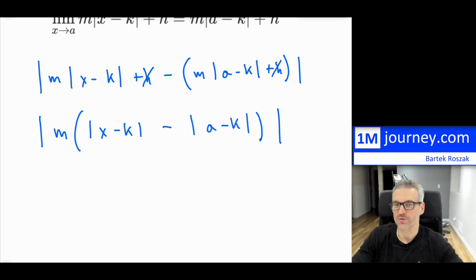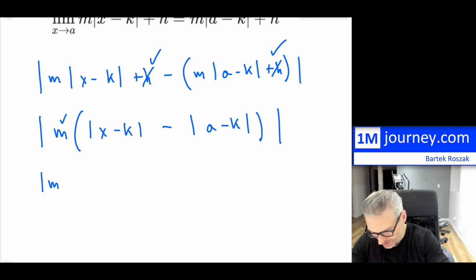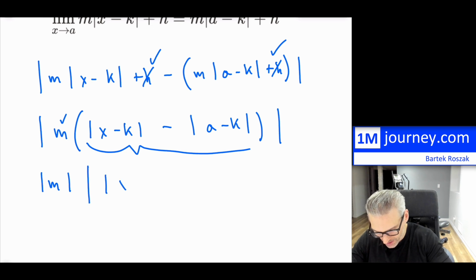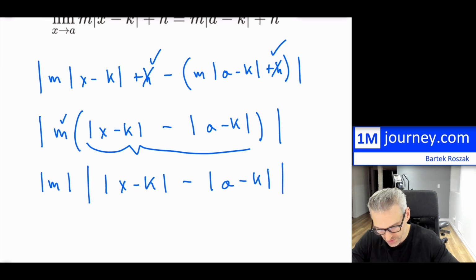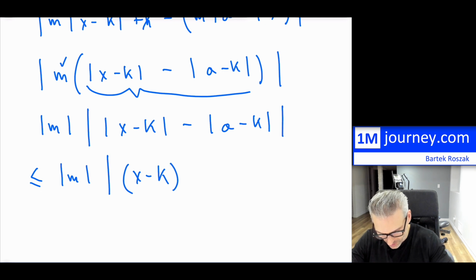So this is what you're going to obtain. That h falls off, so that constant will be gone, so now this m, of course, you can take out, and what you're going to get is this whole thing within the absolute values. And now again, you can use the inequality when you have these two things. So this is like your a minus your b, so this is going to be less than or equal to m times x minus k, no longer in absolute values, minus a minus k.